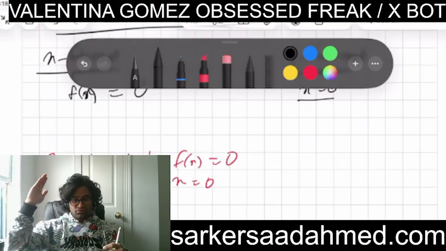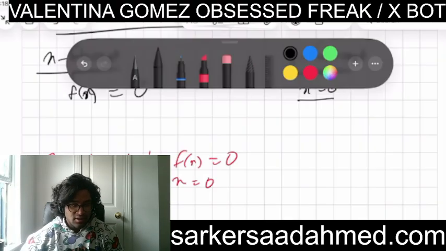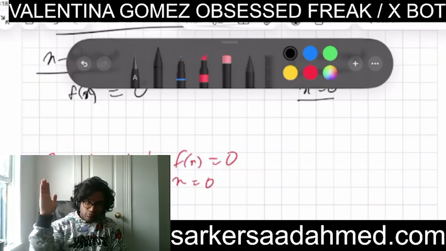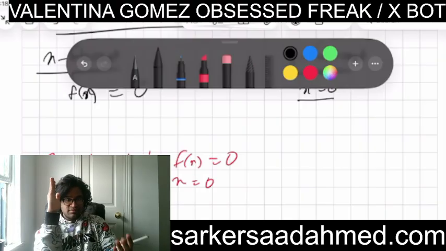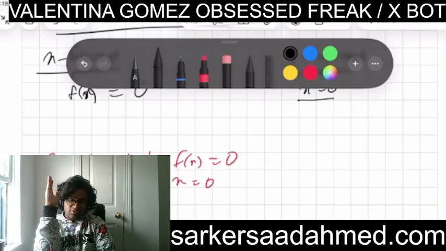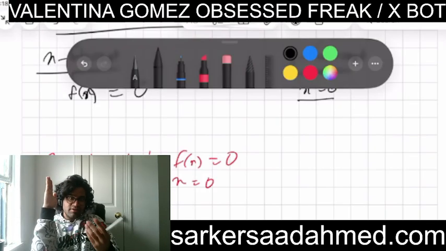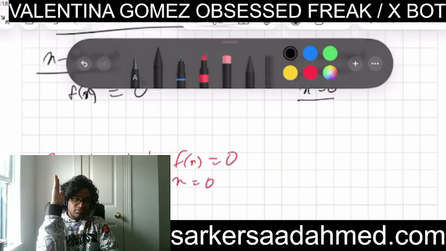Is it 1 to the left? So sine of 0 is 0, then 1 minus 0. No, it's going to move to the right. So 1 minus sine of x: if it starts from 0, sine 0 is 0, but if I have 1 minus sine of 0, it's going to start from 1.